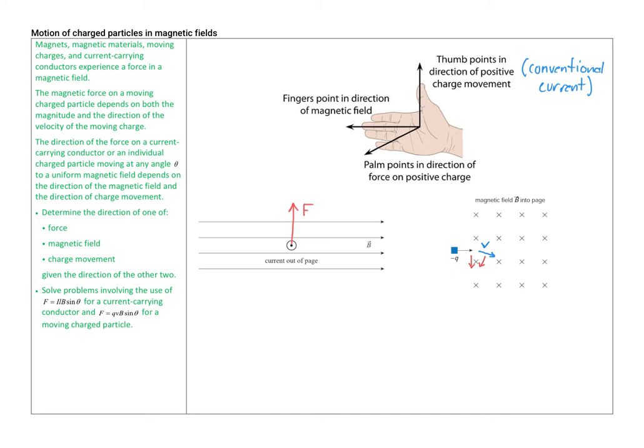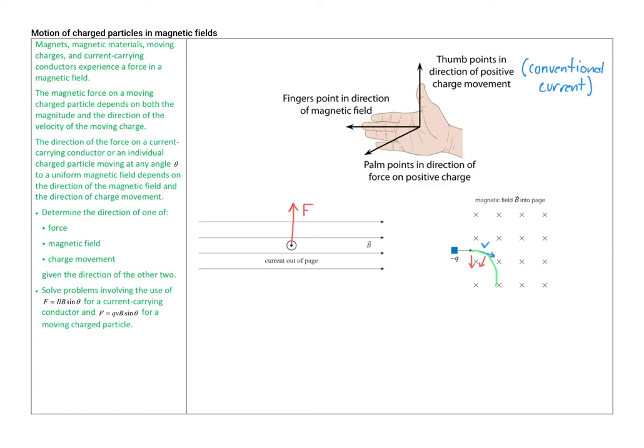The force is always going to be at 90 degrees to the direction of the velocity, which is basically going to set up circular motion, and we will get a path that looks something like that. That's not a great circle, but you get the idea, circular motion. So that's how we determine the direction. That's the first dot point here.